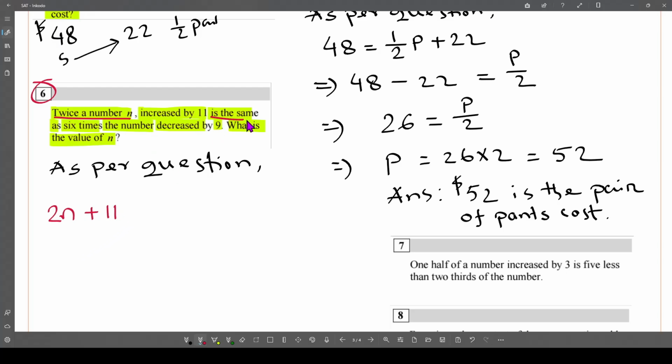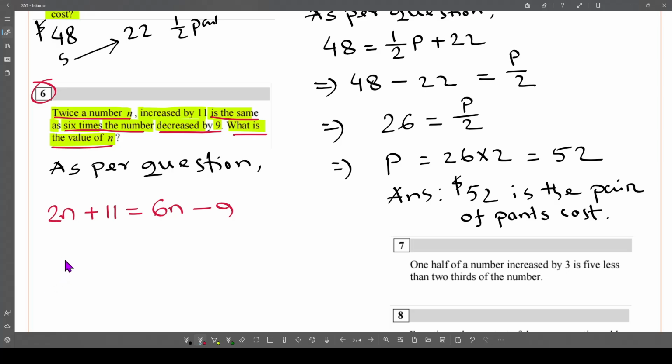Is the same means we should use an equal sign. Then 6 times the number means 6n, decreased by 9 means minus 9. What is the value of n? Now we will find the value of n, right?